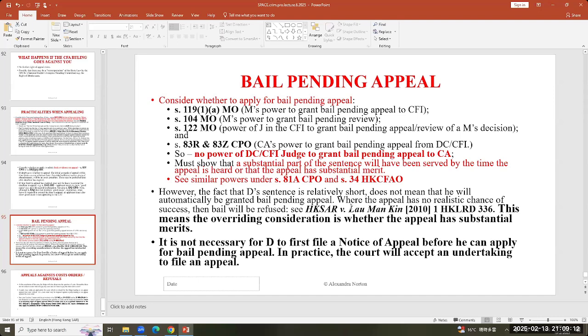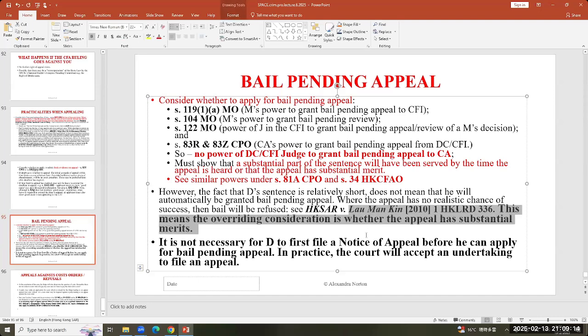The overriding test, though, for bail pending appeal is, there's two limbs. Would a substantial part of the sentence have been served by the time the appeal has been heard, or does the appeal have substantial merit?